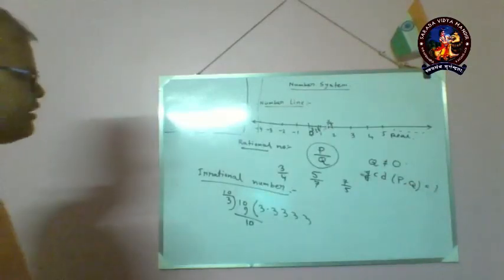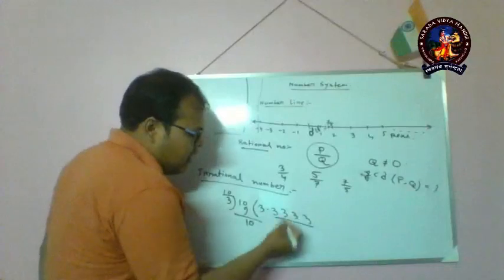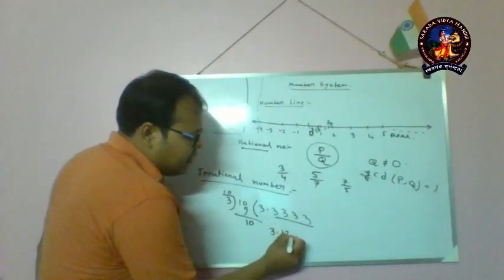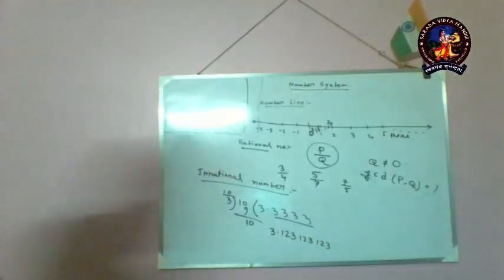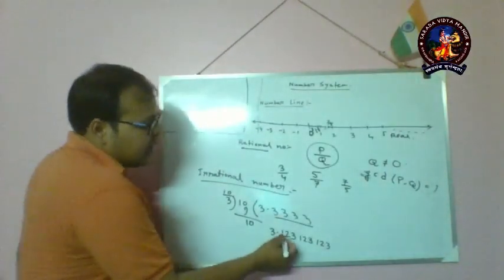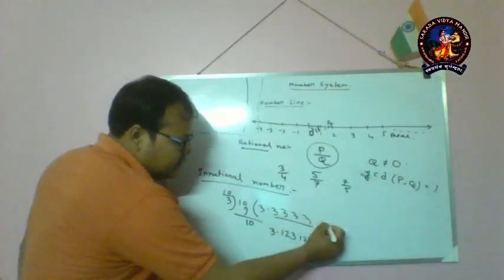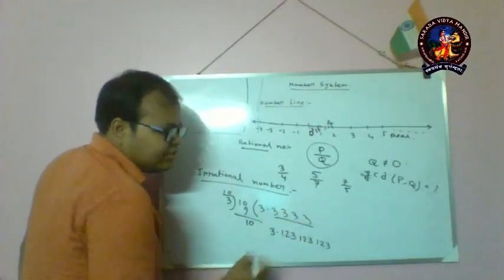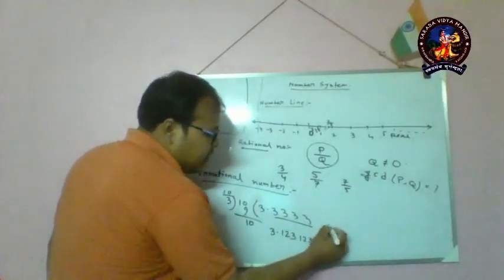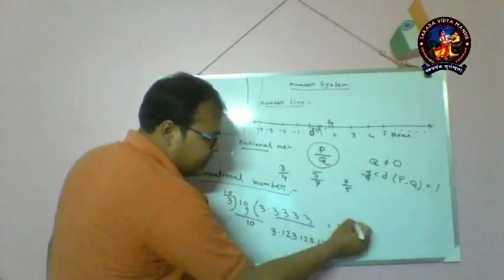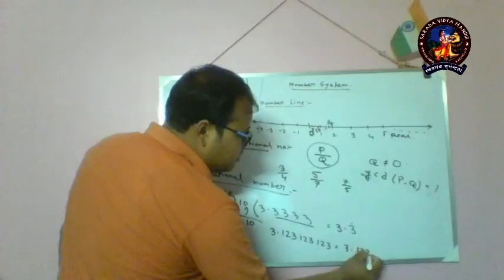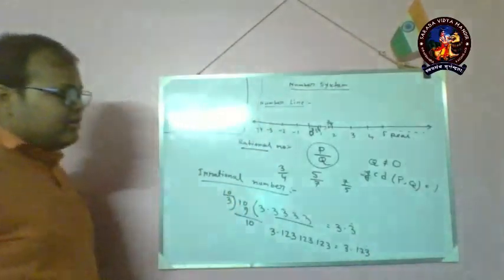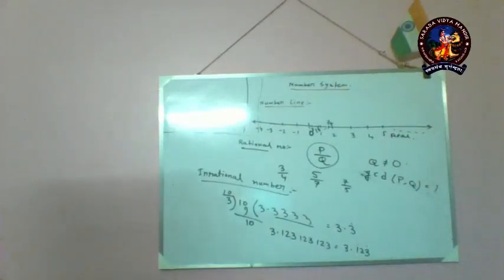Okay, and if you get a same number or a same group of numbers, suppose 3.123123, you are getting repeated. The numbers are repeating again and again, 123, 123, 123 after the decimal point. So this is called recurring decimal, and this is also recurring decimal because the number 3 is repeating again and again. So it can be written in the form 3.3 recurring, and here also 3.123 recurring.